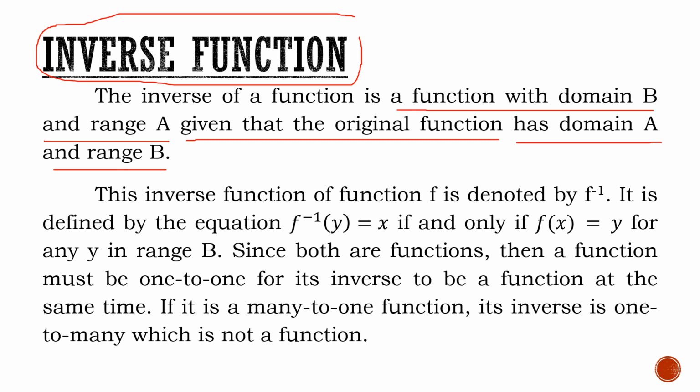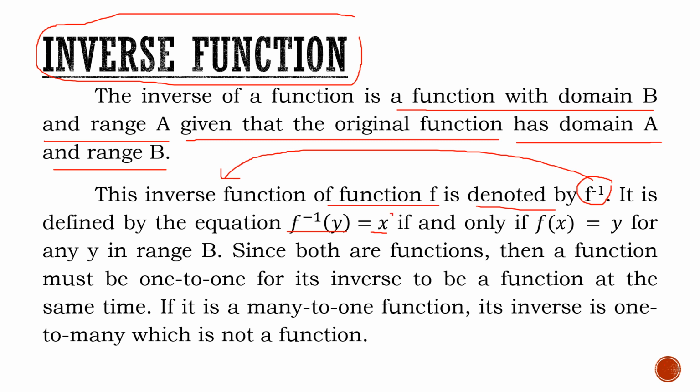So this inverse function of function f is denoted by f raised to negative 1. So we simply use this f raised to negative 1 to represent your inverse function. It is defined by the equation f of negative 1 of y is equal to x.